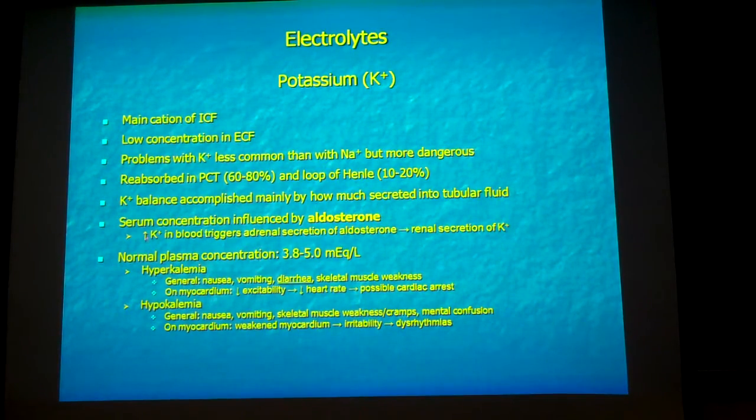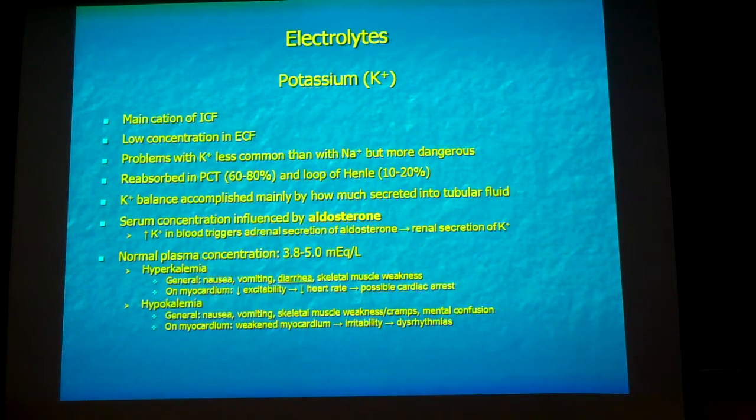So, for example, if we have an elevated potassium level in blood, that's going to trigger the release of aldosterone from the adrenal gland. Aldosterone is going to cause sodium reabsorption and potassium secretion.